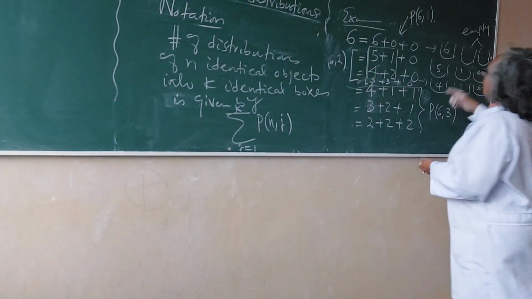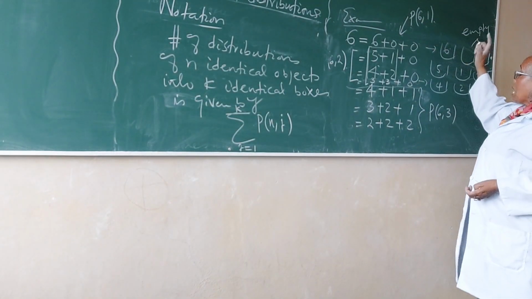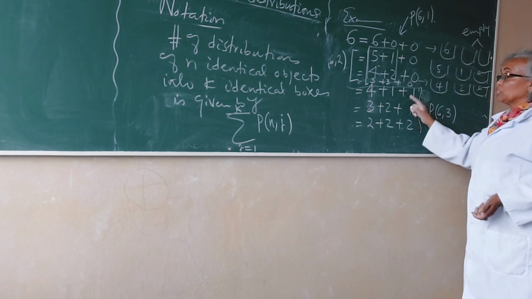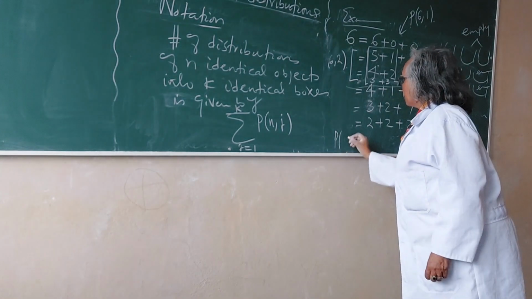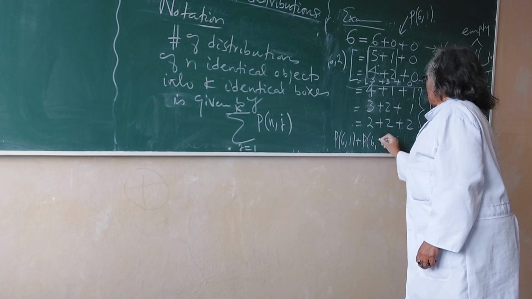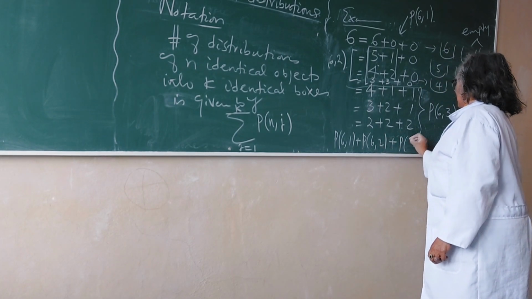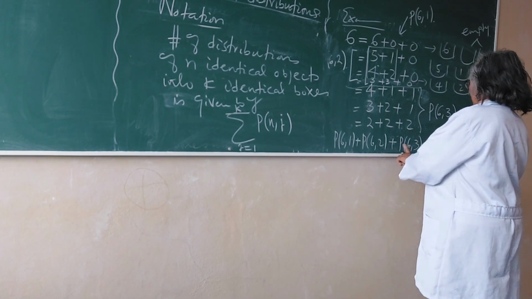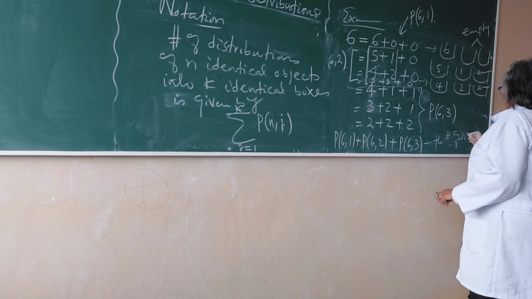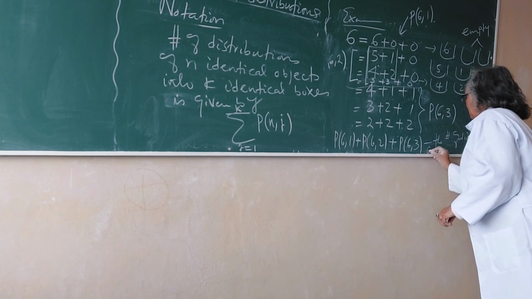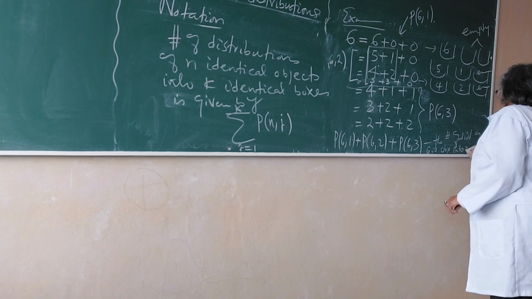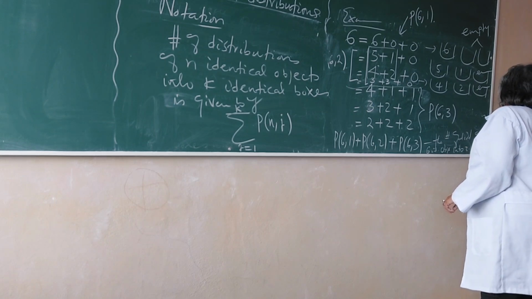This is because we have added P(6,1) plus P(6,2), which is 3, plus P(6,3), which is 3. P(6,1) plus P(6,2) plus P(6,3) has given us the number of distributions of 6 identical objects into 3 identical boxes.